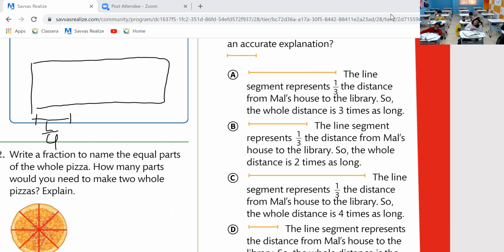So again, if 1/4, how many parts should it be? 4 parts. So I put 4 pencils. Now again, this 1 part, how many times should it be? 4. Is it clear?